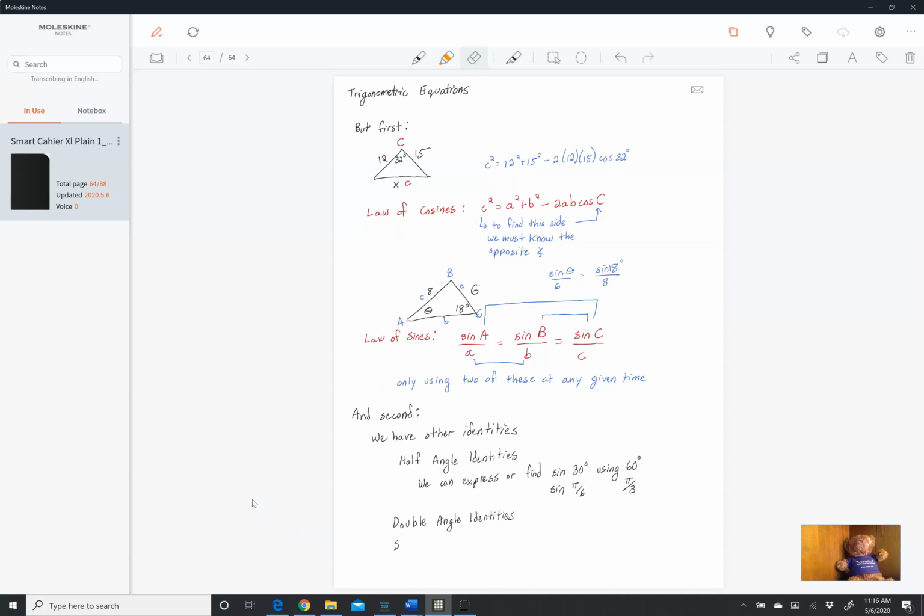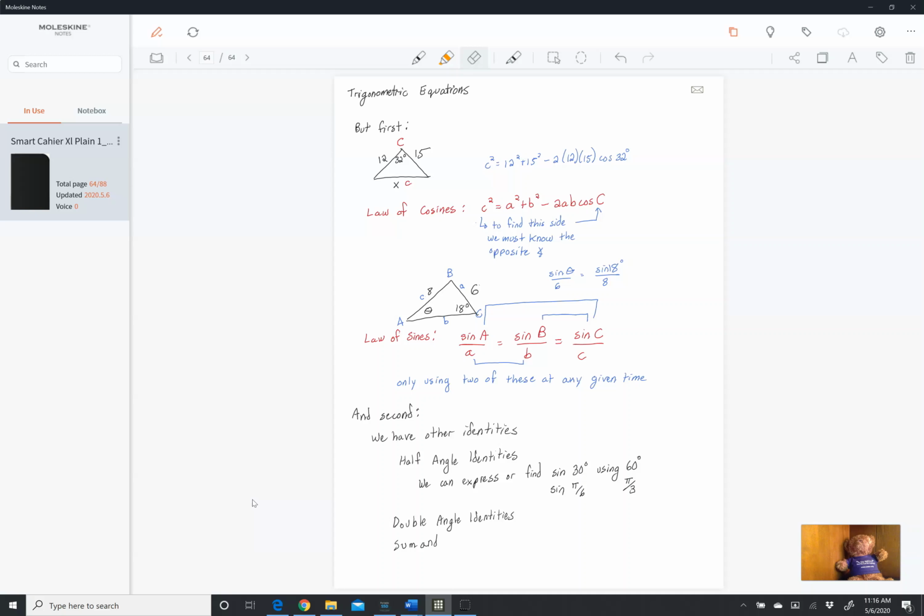If we want to find, let's say, 75 degrees, we can use 45 and 30 degrees. So we can use sums and differences of angles that we know.